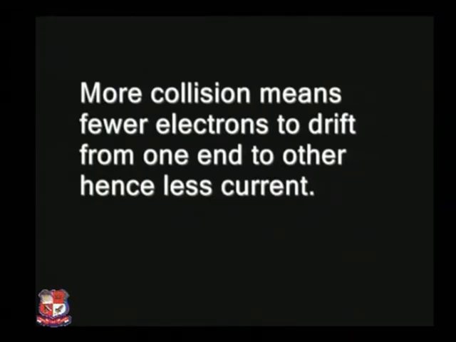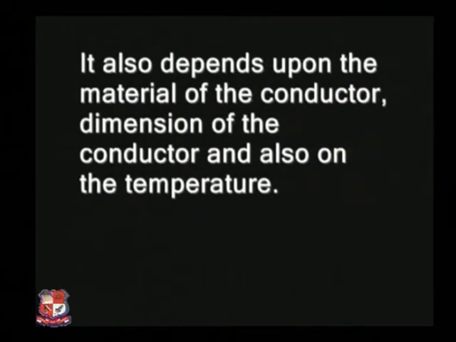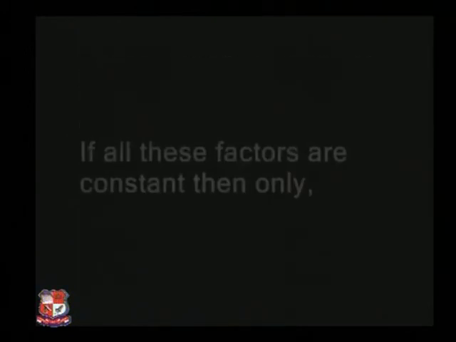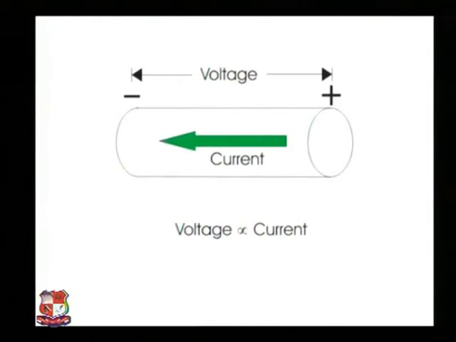Hence, at last we can say that electric current through a conductor not only depends upon the applied voltage across the conductor, it also depends upon the material of the conductor, the dimension of the conductor, and also on the temperature. If all these factors are constant, then only electric current is directly proportional to applied voltage.